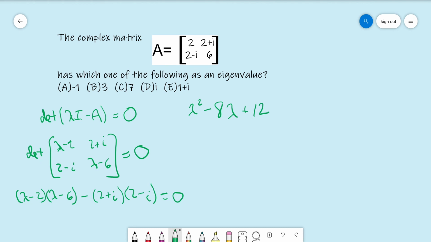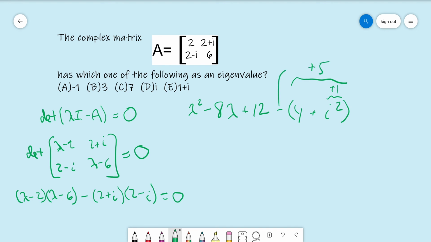Now we have minus, and I'll write here in parentheses, 2 plus i times 2 minus i. Remember, that's like a plus b times a minus b, so that's a squared minus b squared, or 4 minus i squared. Well, remember that i squared is just negative 1. So negative and negative make a positive, so this whole thing is just a plus 5.